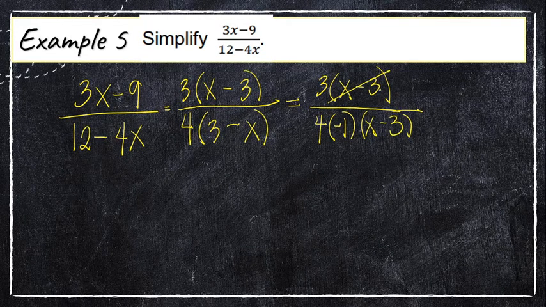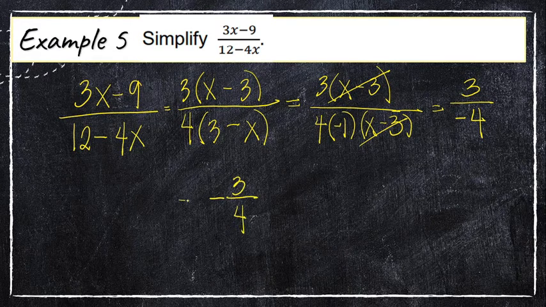We can now cancel x minus 3, and then let's write 3 over 4 times negative 1 is negative 4. Again, if you're going to recall, remember, we should not leave a negative number in the denominator. So instead of 3 over negative 4, we're going to rewrite this as negative 3 over 4. And this is the simplest form of 3x minus 9 over 12 minus 4x.